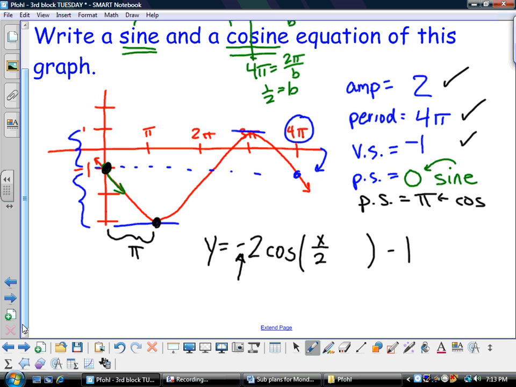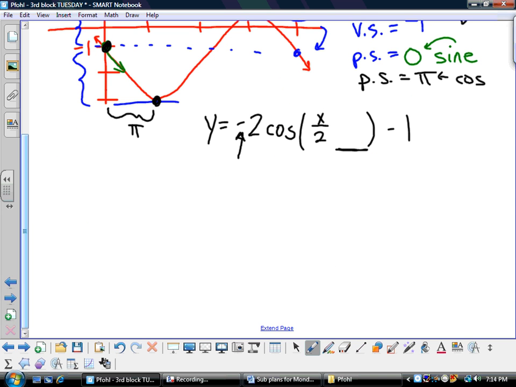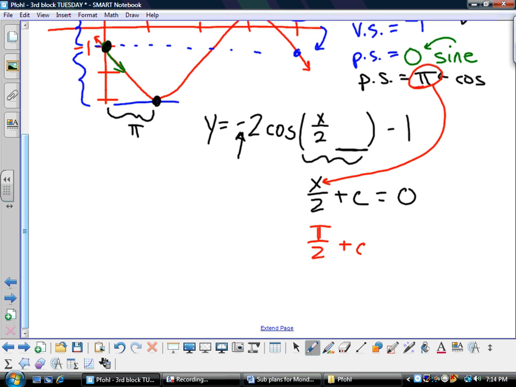That does not mean we're just going to write plus pi right here in the parentheses. Remember, for the phase shift, we take what's in the parentheses, set it equal to 0, and solve for x. When we solve for x, the value we get for x is the phase shift. So let's plug the phase shift in for x and solve for c.